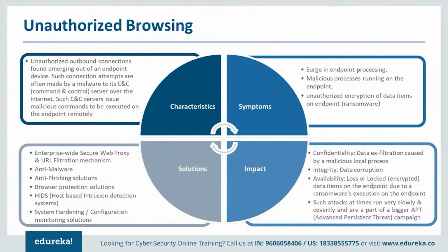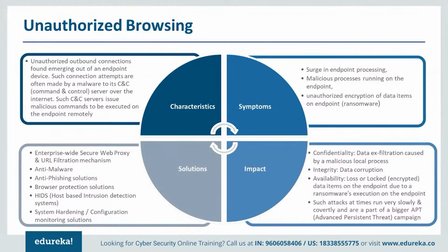This is a slide which gives you the symptoms, impact, solution, and the characteristics of unauthorized browsing. The characteristics are simple. It just needs to communicate to the control center, receive the command, and perform the commands received. What are the symptoms? There will be a sudden surge in processing. When a new process is running in the background, there will be an increase in system resource use.